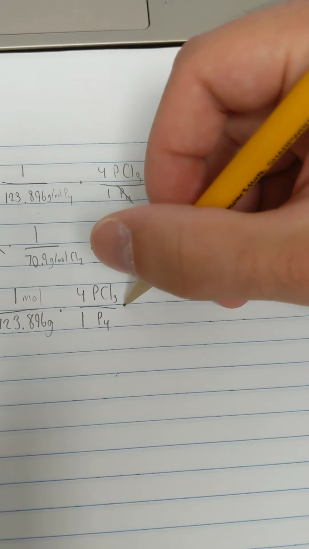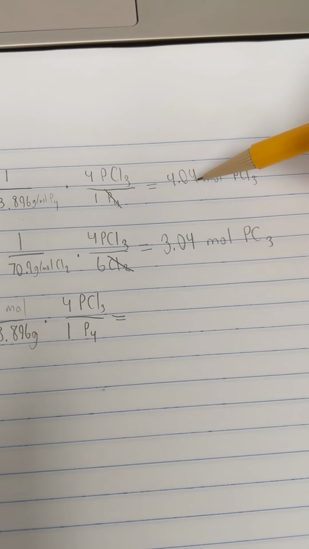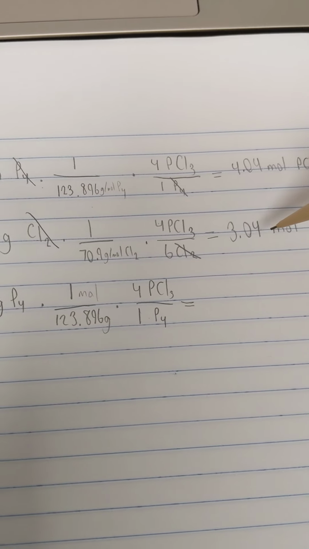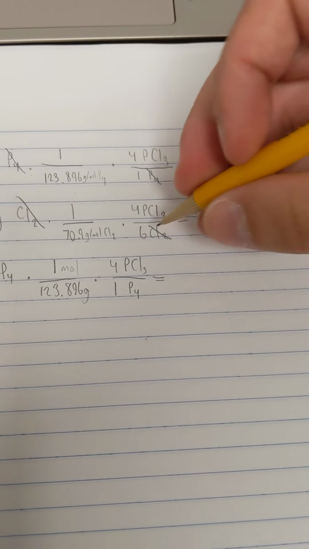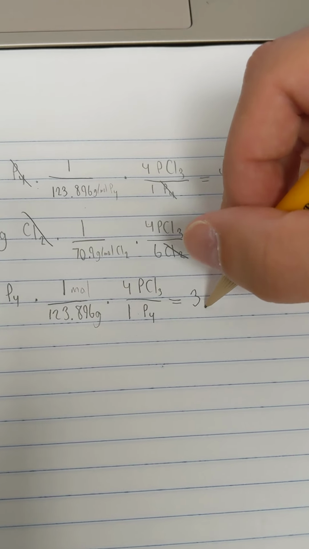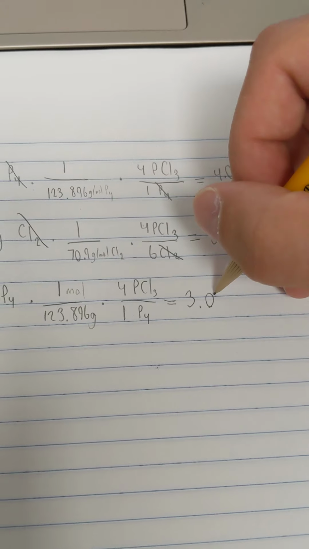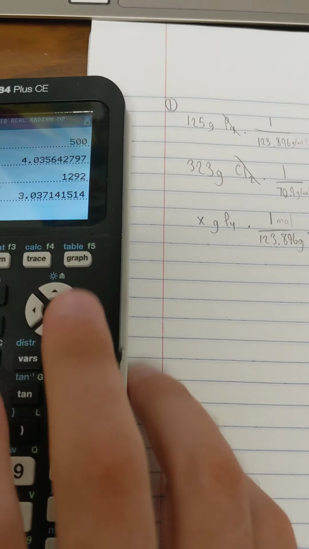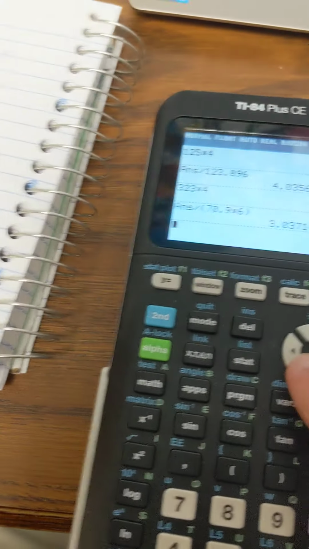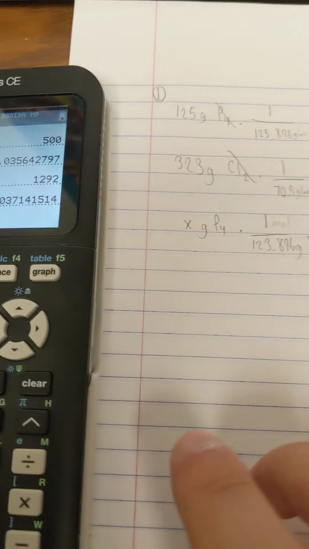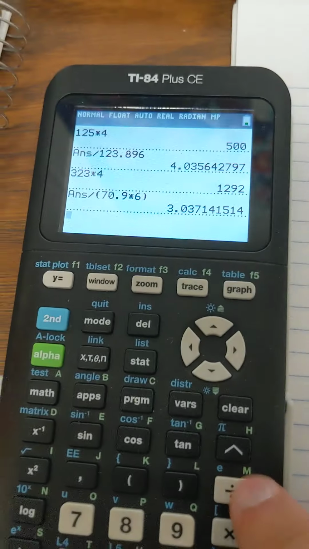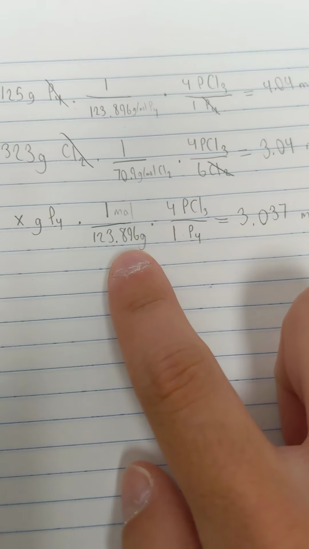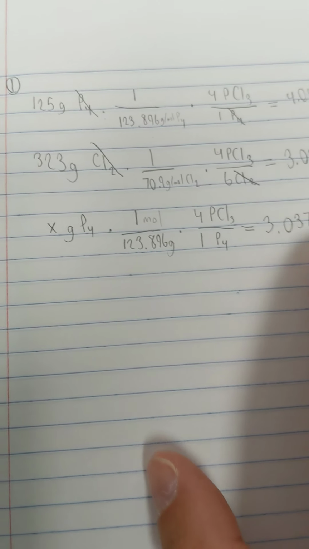And then instead of knowing that it's going to be this, since this is the maximum we could create, because this is the limiting, you do 3.037 moles here. So we kind of just work backwards on this one. So we're going to divide it by the 4 here, and then we're going to multiply it by this, since you multiply both sides.